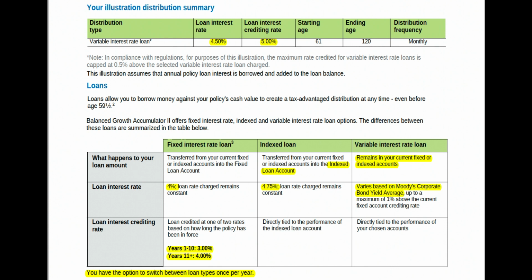It continues to earn interest, in this case the 3-year Prism Index, as if you hadn't taken a loan at all. Plus, because Securian always credits you back 0.5% more than what they charge, you also earn an extra 0.5%. Obviously, the variable loan is the loan of choice. And with Securian, you can switch loan types once a year.